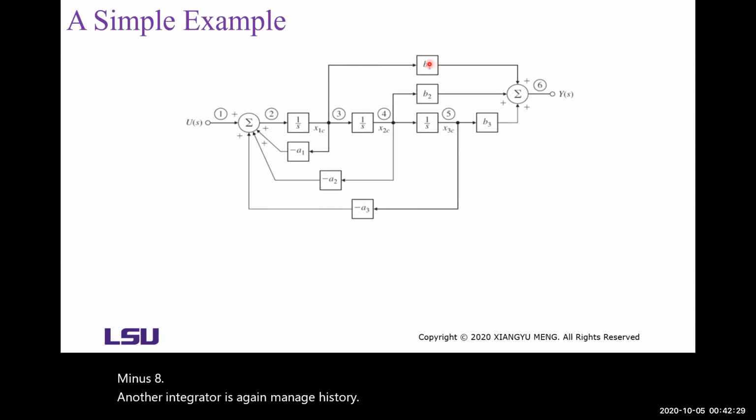Then we have block B1, block B2, block B3. The outputs of them are summed together to get the output Y(s). Then I'd like you to get the transfer function from U(s) to Y(s). This is the fourth example.